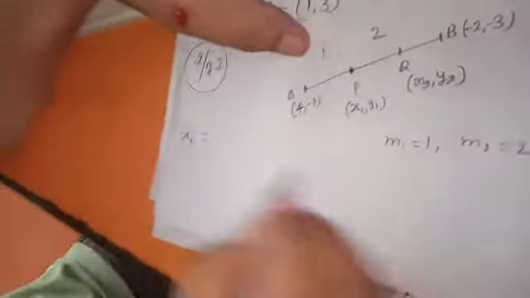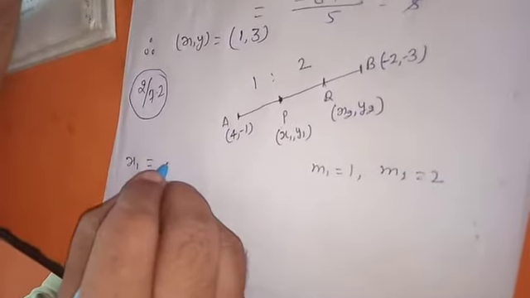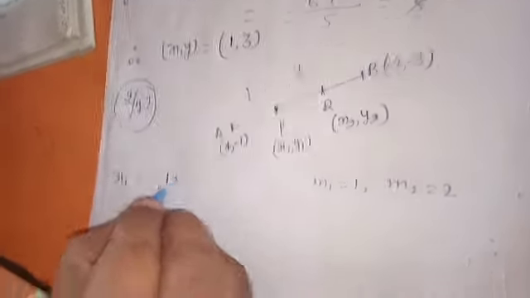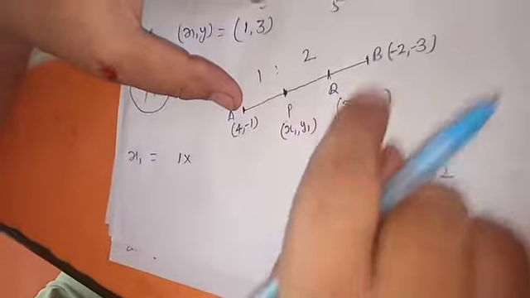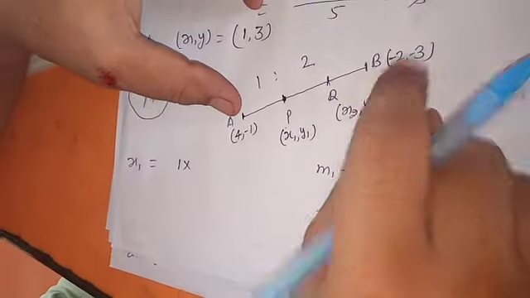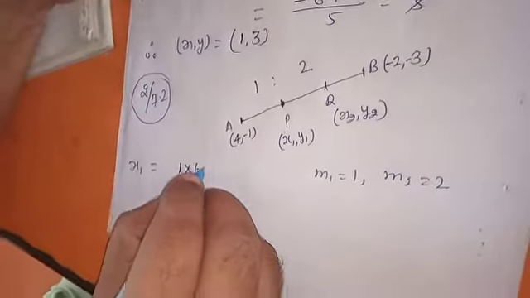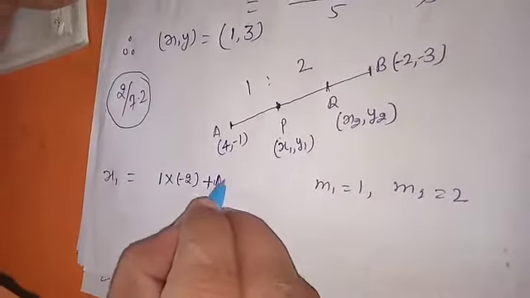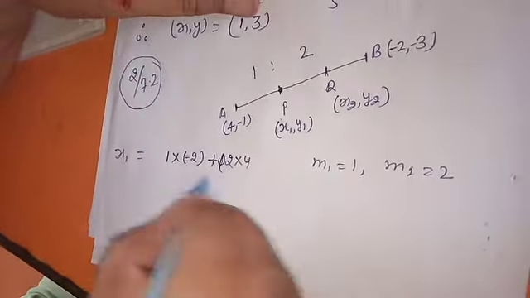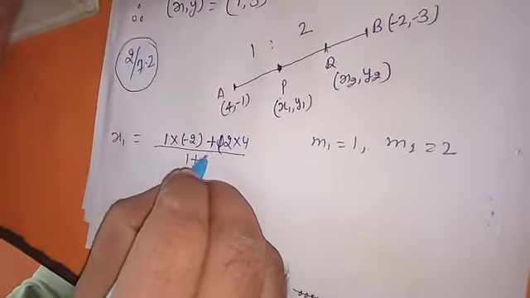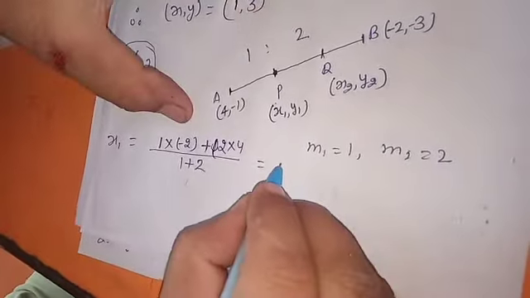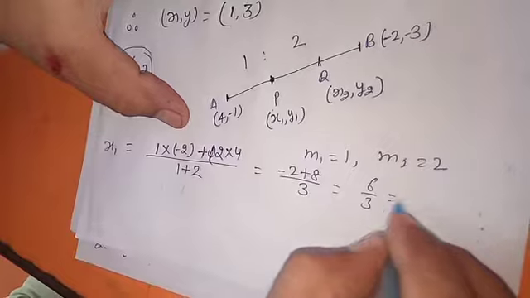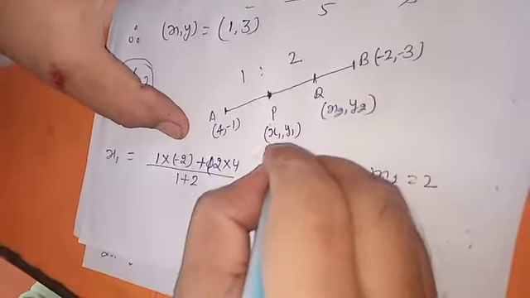The formula is this: m1 is 1 into the coordinate of this point, minus 2, plus m2 which is 2 into 4, divided by 1 plus 2. How much? Minus 2 plus 8 by 3, 6 by 3 is equal to 2. So here x1 equals 2.